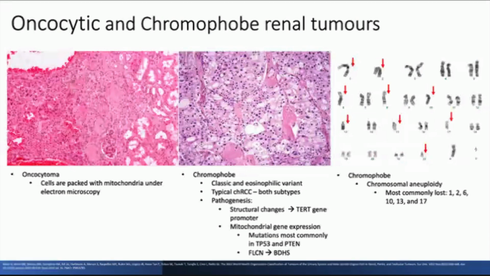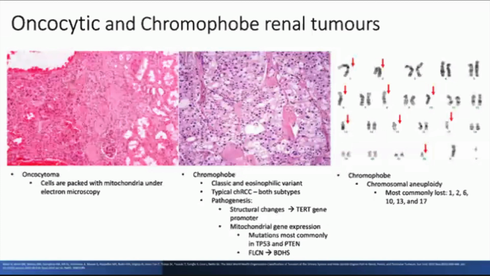Now, in terms of the pathogenesis, it's really characterized by mitochondrial gene expression and chromosomal aneuploidy. And when mutations involving TP53 and PTEN happen, we'll see rapid, uncontrolled cell division, which eventually leads to tumor formation.